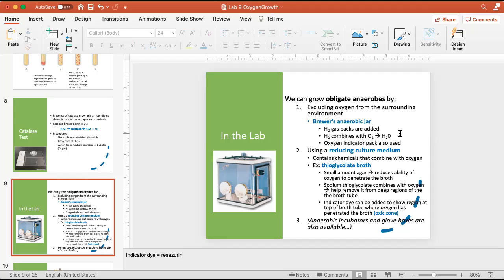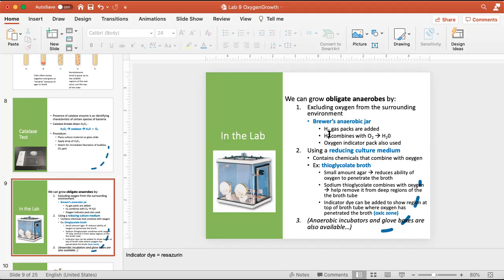So when you use a brewer's jar, you get condensation on the inside of the jar, and that tells you that things are working. We also add in one of these indicator dyes. It also comes in a little package, but these dyes are there just in case some oxygen gets in. We'll know because this packet will turn color if any oxygen gets into that container while it's incubating.